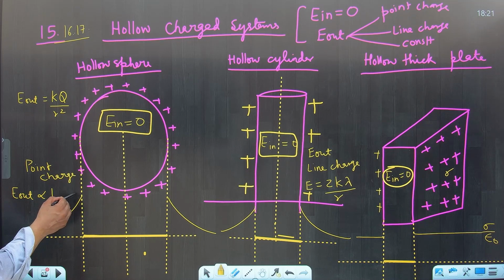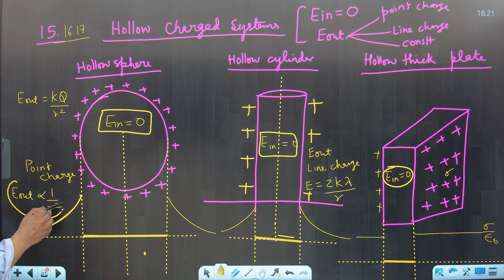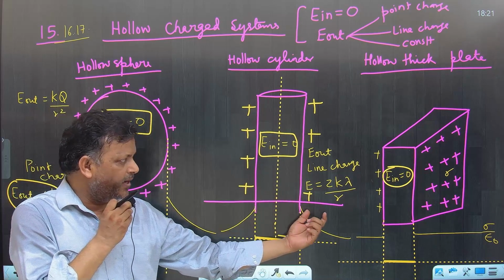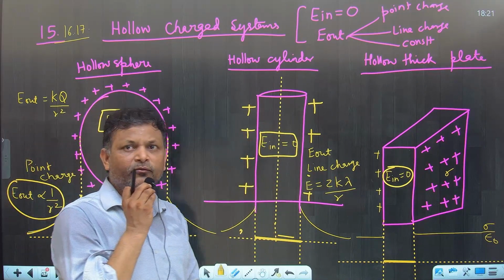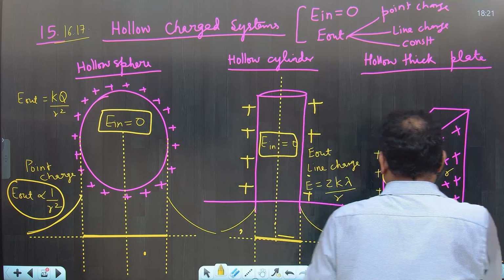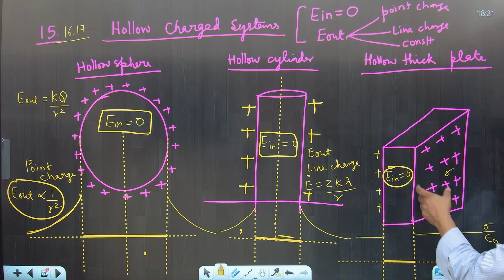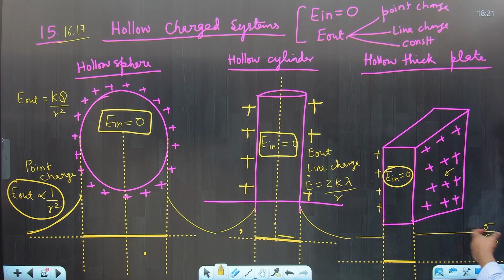But outside the sphere, it will behave like a point charge, that is proportional to 1 by r square. Outside the cylinder, it will behave like a line charge, right? Cylinder will behave like a line charge. Its value will be 2k lambda by r. And at the plate, this plate will behave like a constant electric field, and its value will be sigma by epsilon.